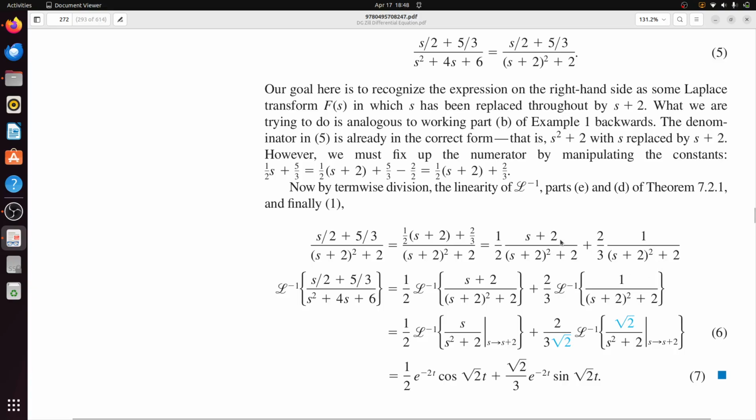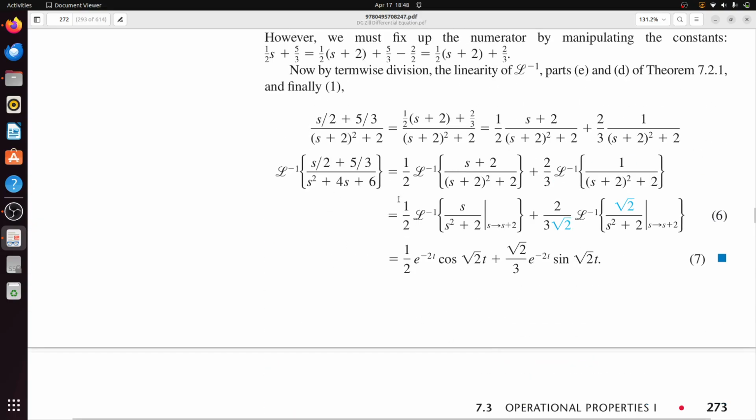So s by s square plus 2 is actually the Laplace transformation of cos root 2 t. So what will be the Laplace transformation of this? This will be half into e to the power minus 2t cos root 2 t, plus root 2 by 3 into e to the power minus 2t sine root 2 t. I am giving you a minute or two to look through it.